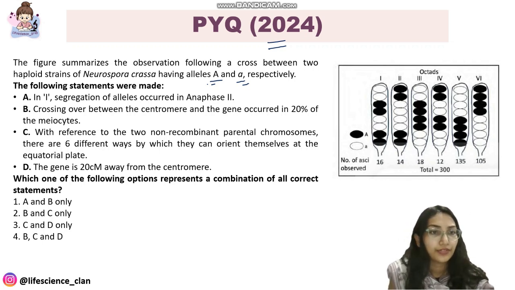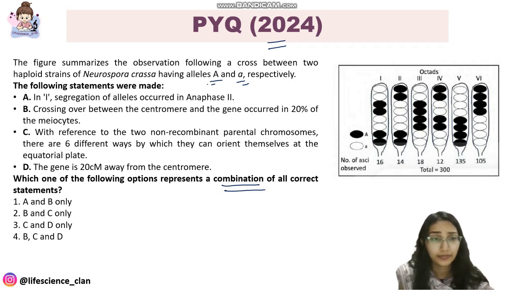They have given us statements which we have to tell whether they are correct or not. Combination of the statements are: in 1, segregation of alleles occurred in anaphase 2. So in this category 1, they are saying segregation of alleles occurred in anaphase 2. We will know this if we find this as the SDS ascus.